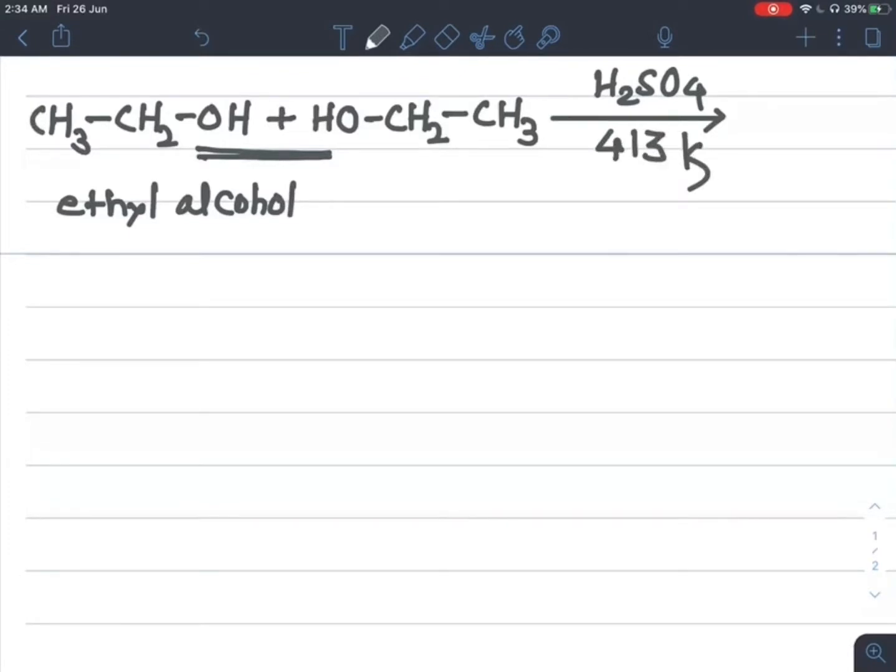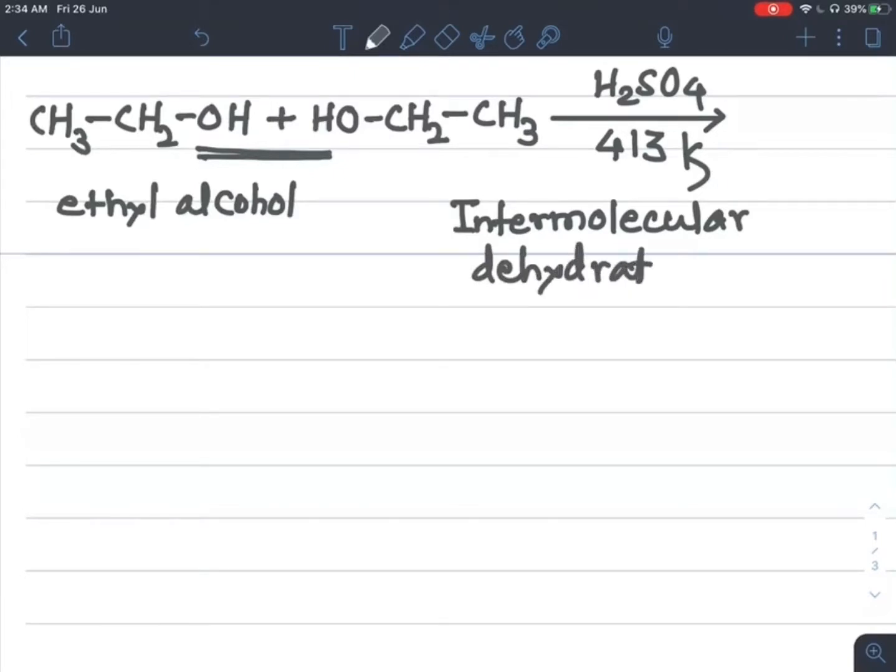Now the H2O is removed in between two molecules, so that's why this is intermolecular dehydration, and we get its corresponding product.